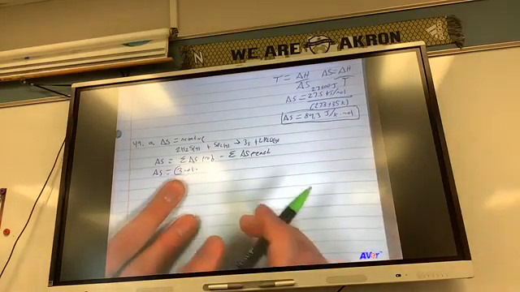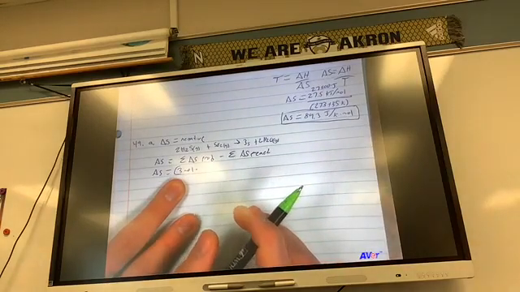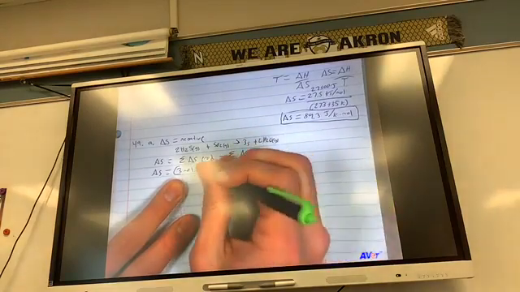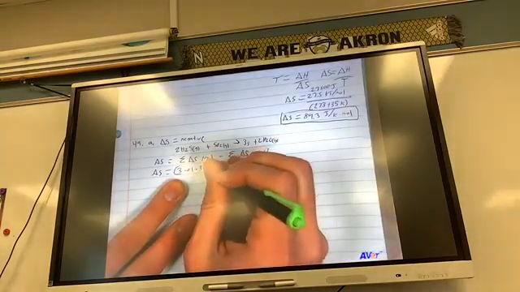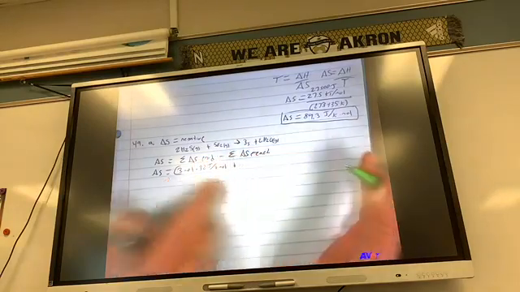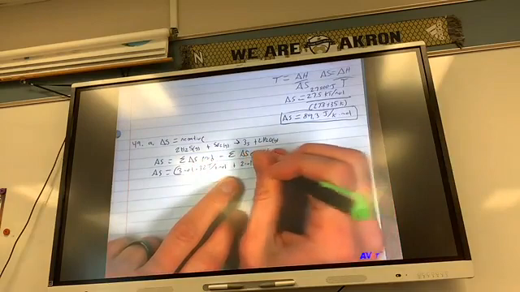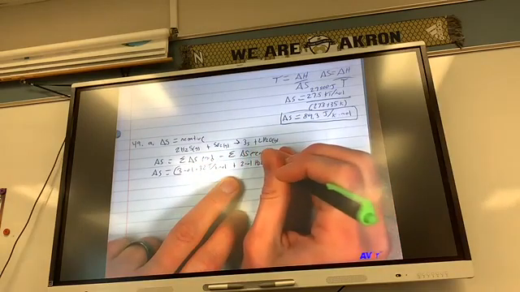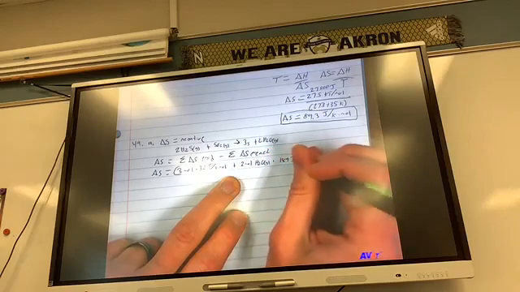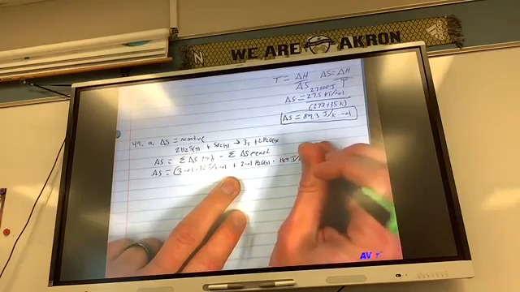So 3 moles times, for rhombic, I had 32 joules per Kelvin mole, plus 2 moles of H2O gas times 189 joules per Kelvin mole.